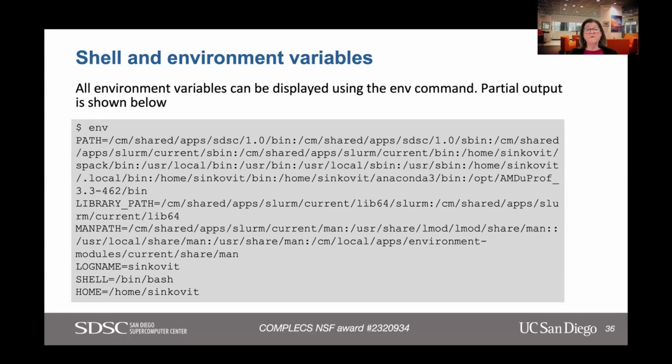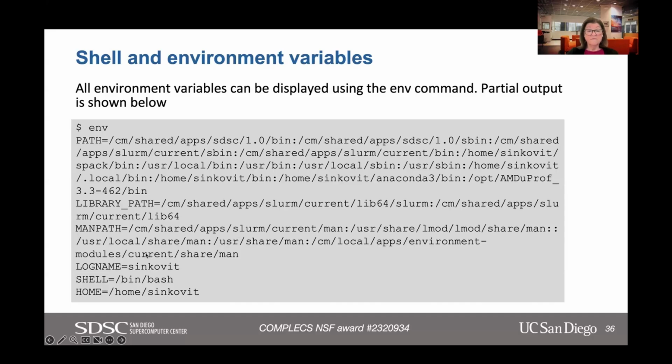All right, so the environment variable, you all know about this hopefully from using Unix in the past and taking our training, but if not, the env command gives you all of the environment variables that you've got. Starting with the path, where executables are located that would be used for running things, the libraries that might be used for compiling, which you want to make sure are updated, and the manual paths, so that for certain commands, they do have man pages and you can look at how they work.